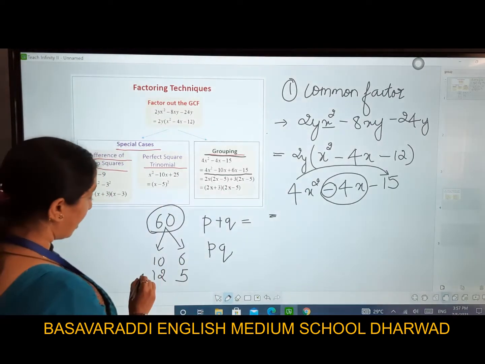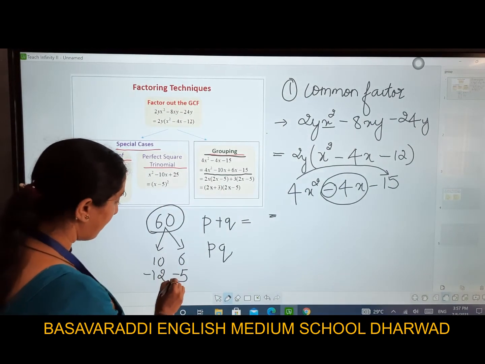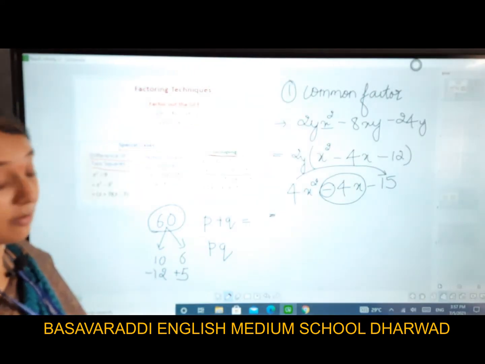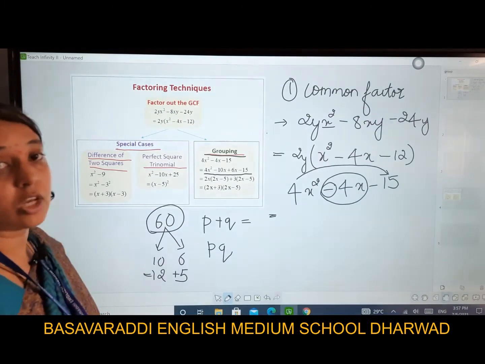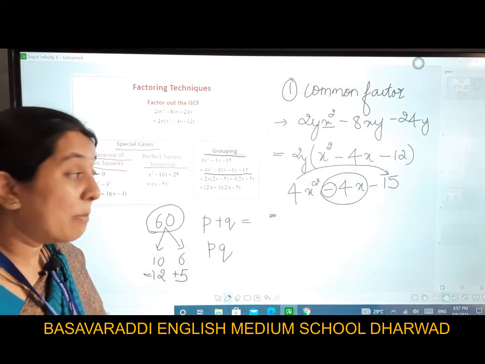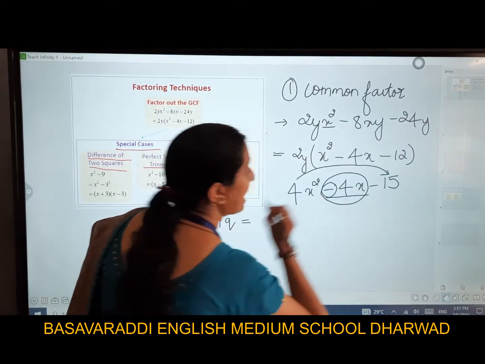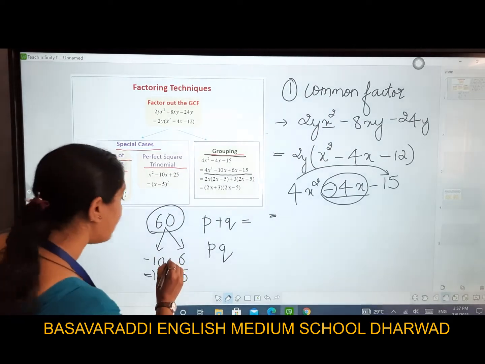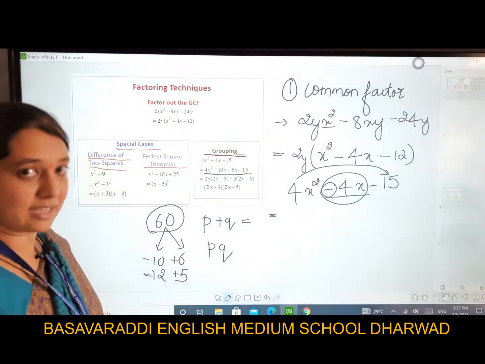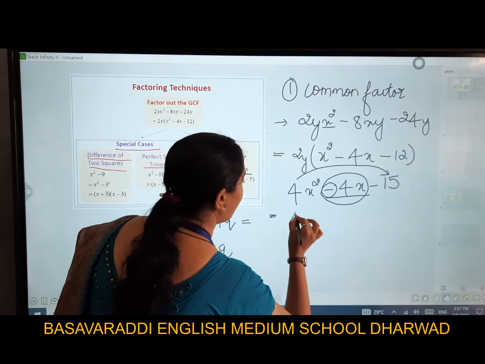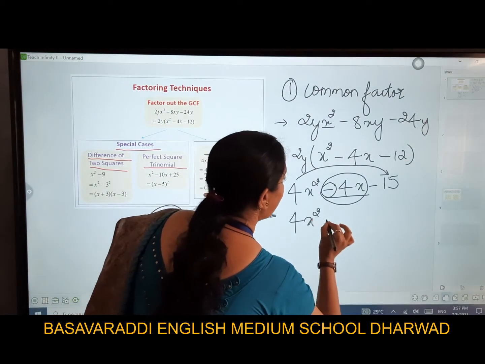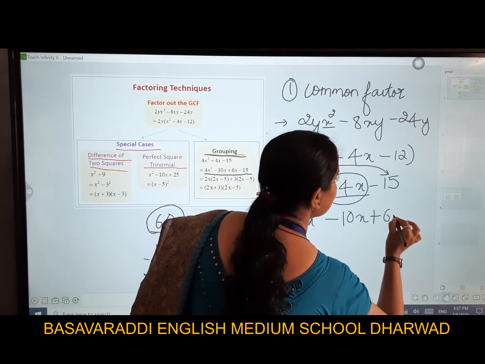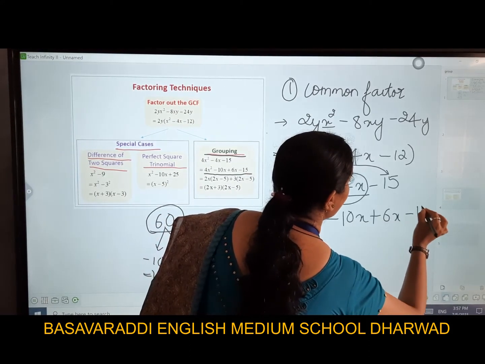So if I take minus 12 and plus 5, I get minus 7. But the desired answer is minus 4. So can we have minus 10 and plus 6? Yes, we can. So therefore 4x square minus 10x plus 6x minus 15.